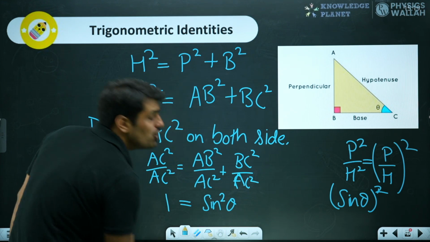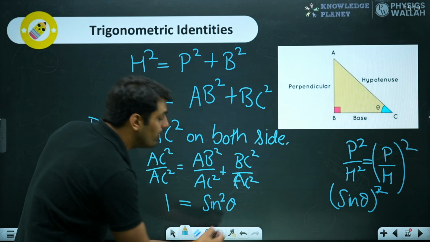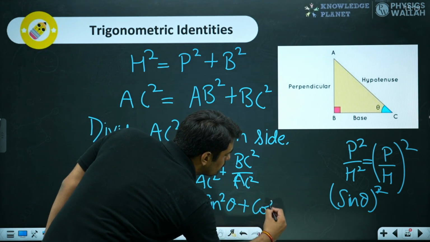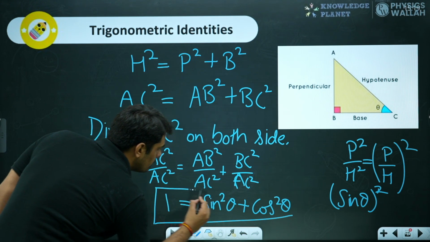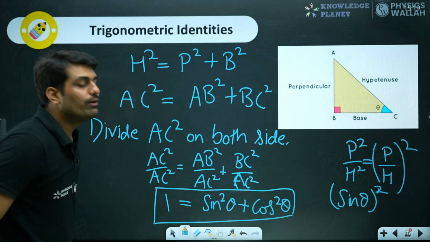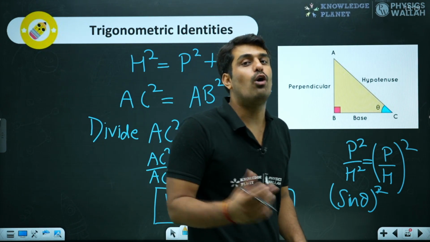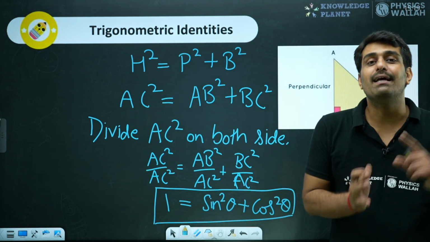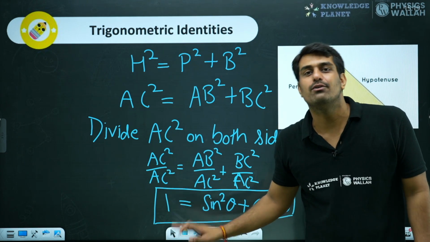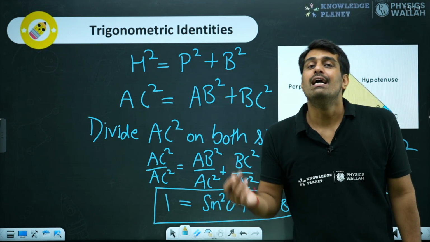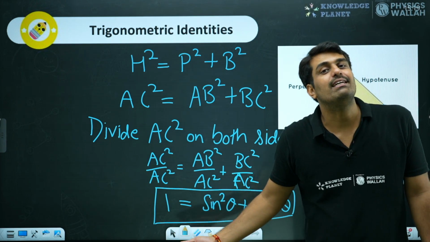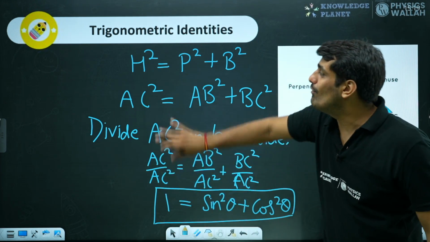Now it's your job to look at the second ratio and you'll come with the answer cos square theta. This is how you reach the first identity of sine and cos theta. Sine square theta plus cos square theta will always give you the answer 1. Whatever be the value of theta, it will always give you 1, and that is why it's an identity.